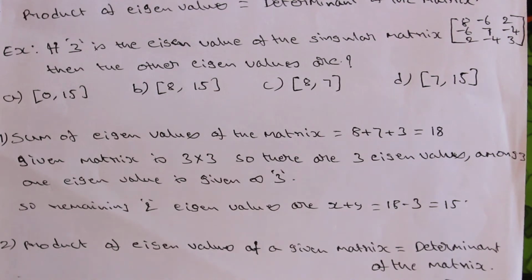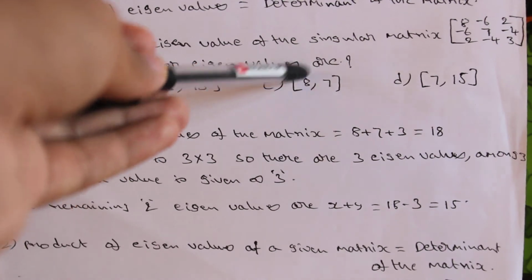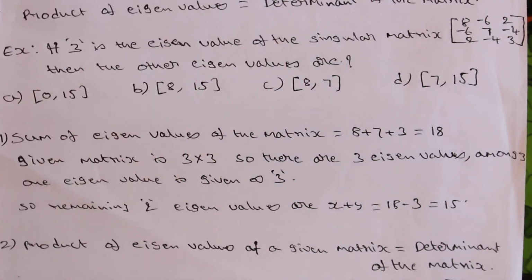So directly option A is correct: 3 into 0 into 15 is 0. But in option C, 3 into 8 into 7 is not 0. So directly you got the answer, because the question mentions a singular matrix.